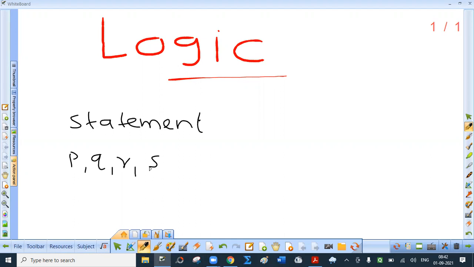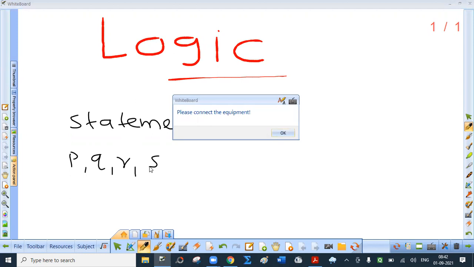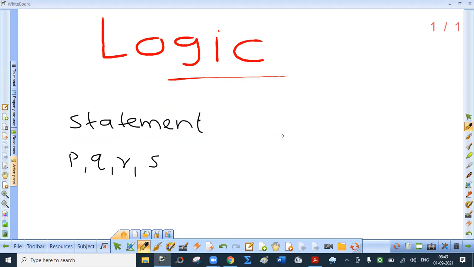Yes, this sentence is a statement. Now you will say, but sir, the sum of two odd integers is not an odd integer. Have I said that it is true? Have I told you about the truth value of this particular statement? No, I'm just saying that this is a statement, right?